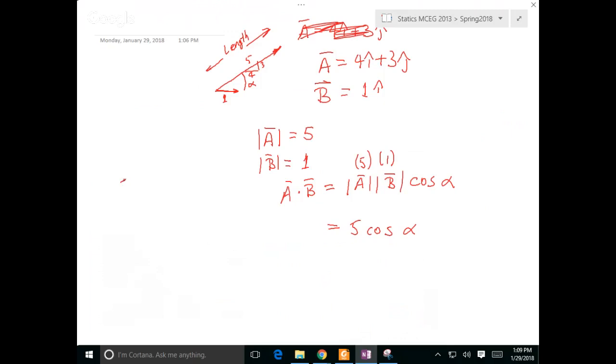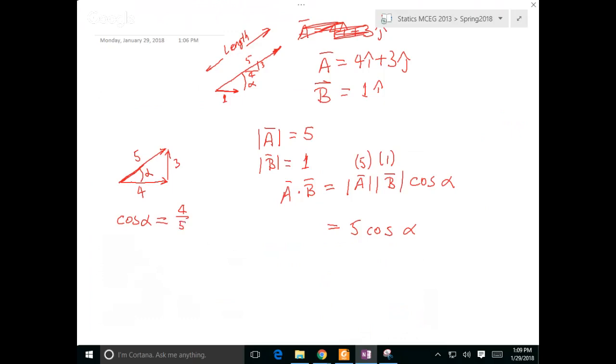Now if you want to, you can come over here and draw 4, 3, 5, and say that's alpha. Then the cosine of this alpha, what would that be? Wouldn't that be 4/5?